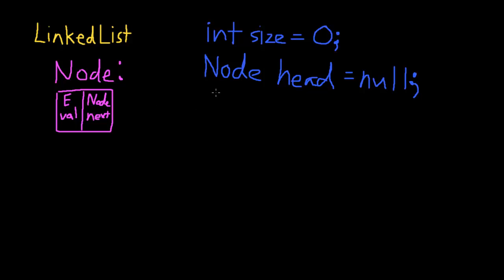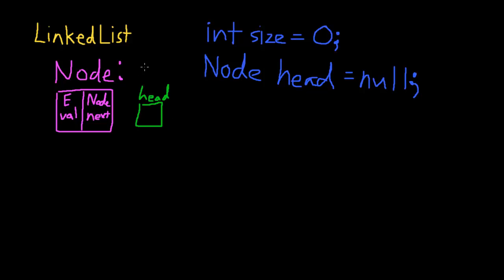So my add method. How would I add a node? So I have this pointer. I'll do these ones in green. So I have some pointer called head, and it's not pointing to anything.